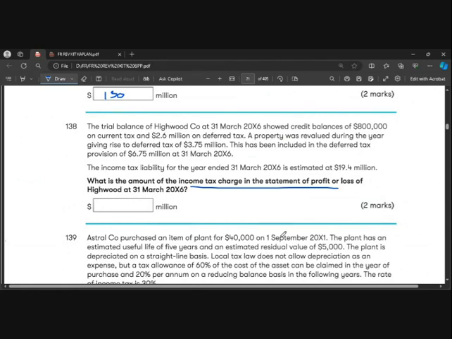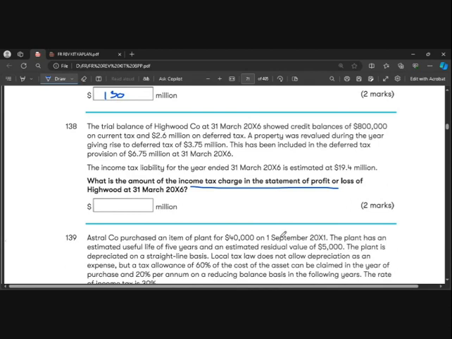Opening 670. Current year estimate is given, right? 1940. Yeah, it's given directly there. 19.4. Okay, and so is it under or over provision? Over. How much? 740.